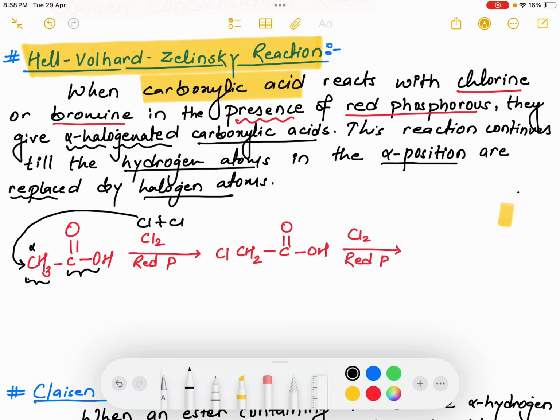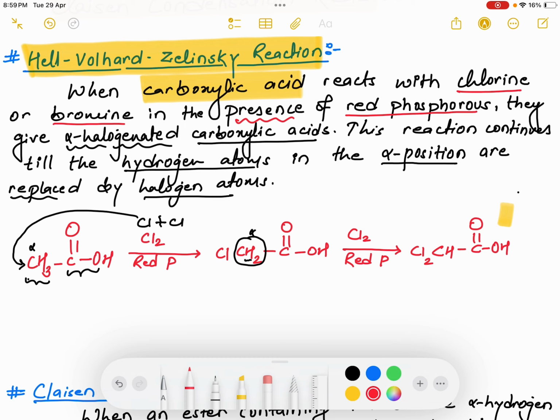Further what will happen is, still in the alpha position, this one is your alpha carbon, there are 2 hydrogens. So the chlorine will come and replace the next hydrogen. So it will be CHCl2, and then C double bond O, OH group.